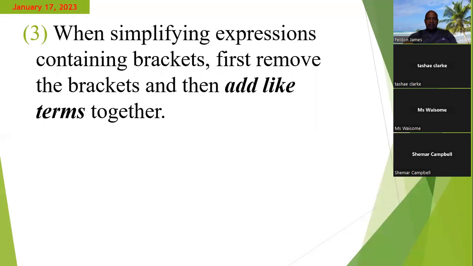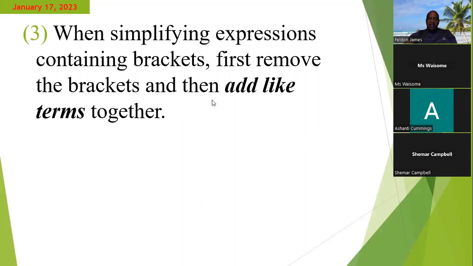Now here we have the third rule that says, when simplifying an expression consisting of brackets, first remove the brackets and then add or subtract like terms together. All right.